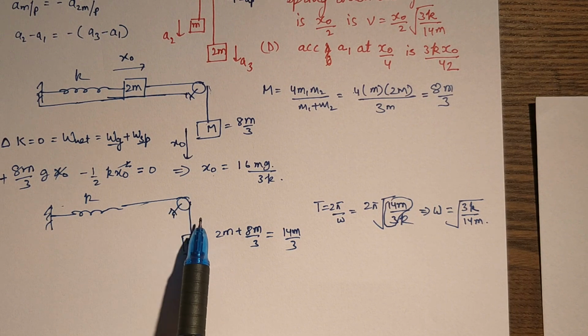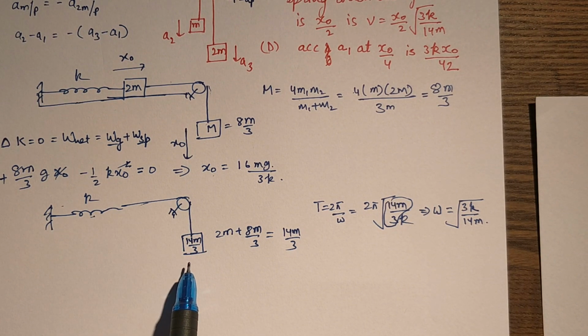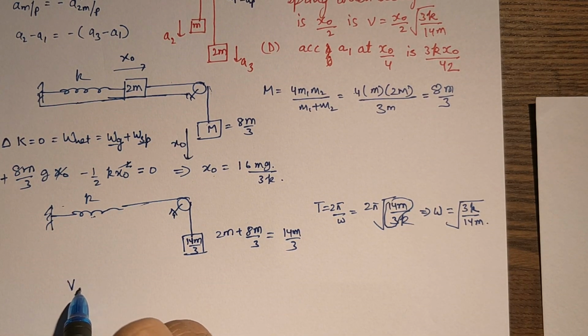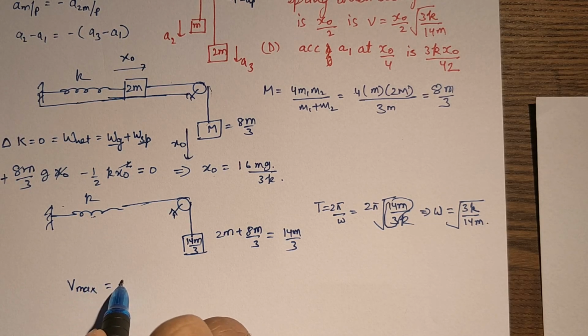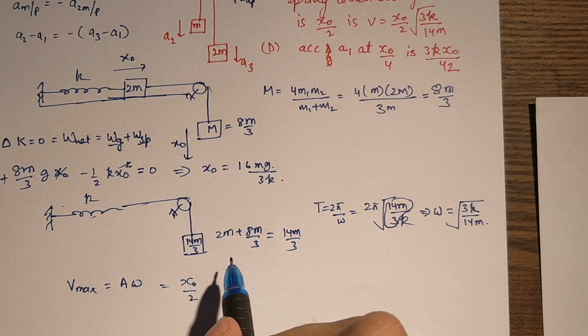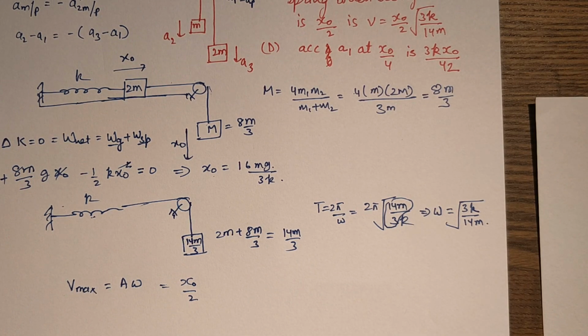Just treat it as a simple one spring, one block system doing SHM. The maximum velocity is amplitude into omega, and the amplitude is nothing but x naught by 2, because the maximum elongation is x naught.